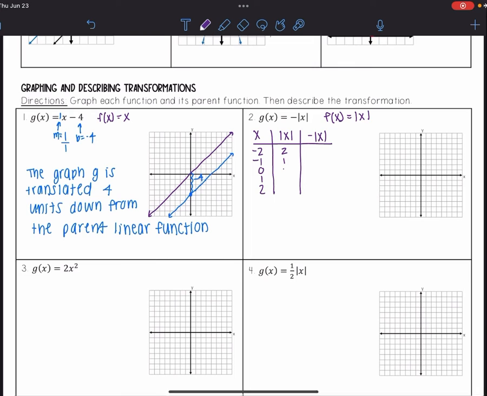Positive 1. Absolute value of 1 is still just 1. Absolute value of 2 is just 2. And so I'm going to go ahead and graph that first. And so I have negative 2, 2, negative 1, 1, 0, 0, 1, 1, 2, 2. And so I get that V shape.